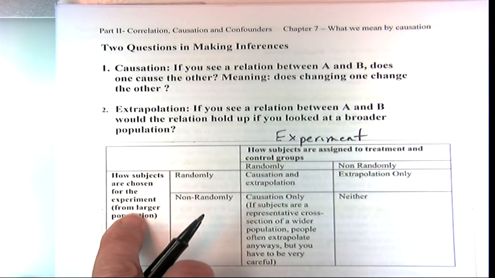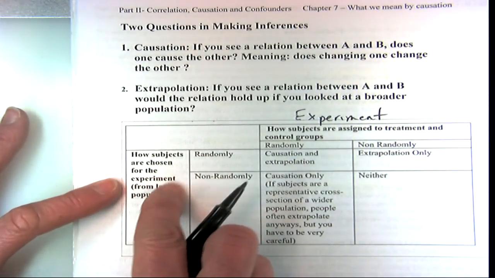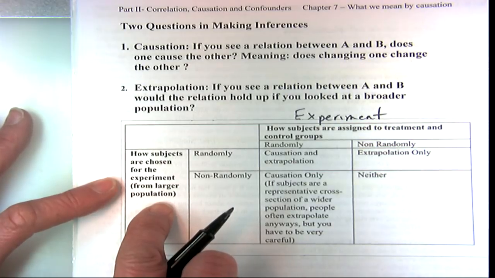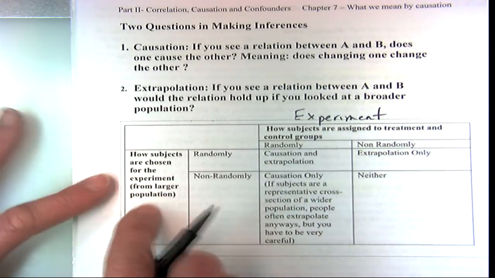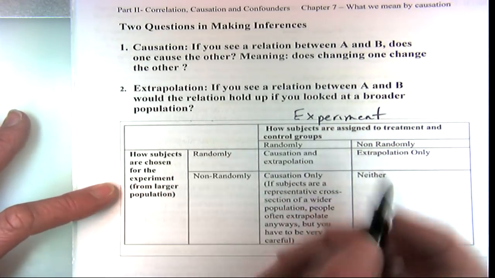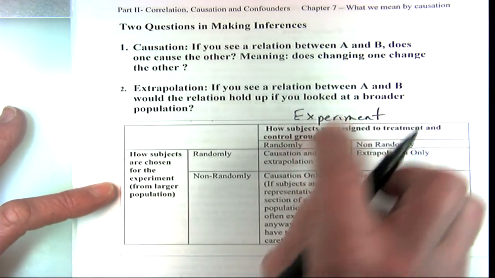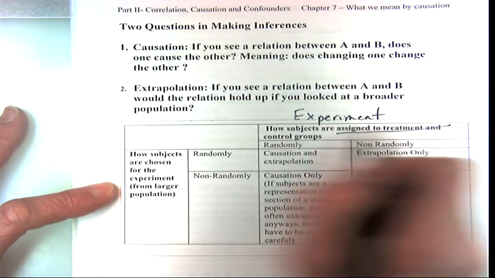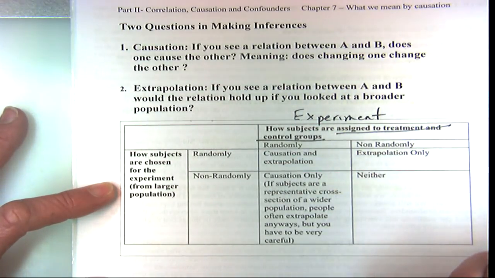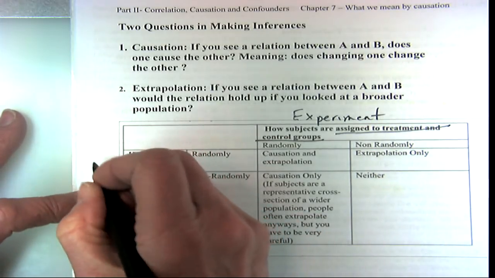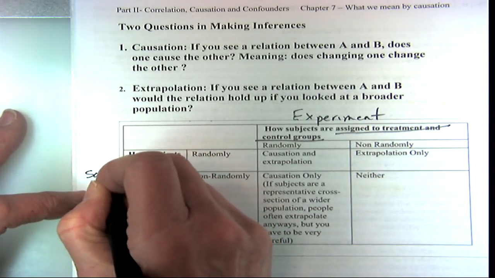But also, we want to know how subjects are chosen for the experiment to begin with from a larger population. So this is how the subjects are assigned to the treatment and control groups, and this is how the subjects are chosen, which has to do with sampling.